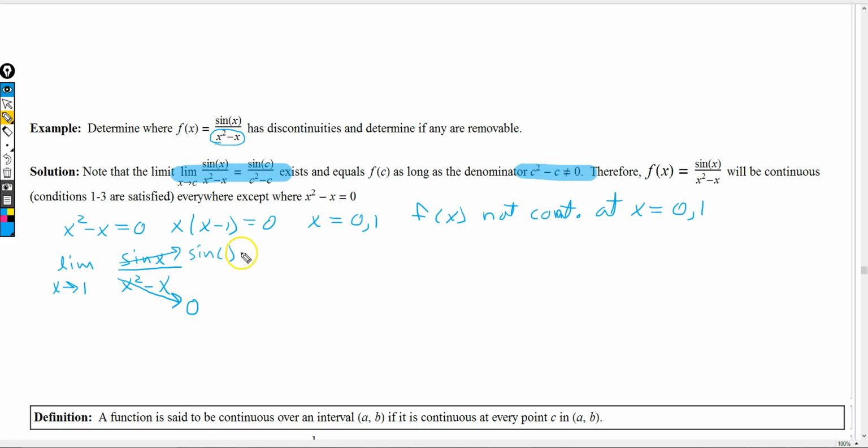Now that is a non-zero number. Use your calculator. That's 0.84.